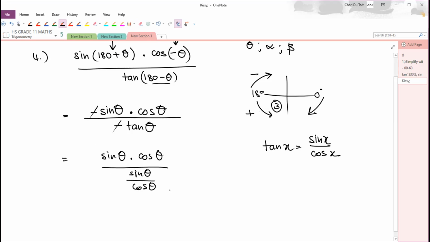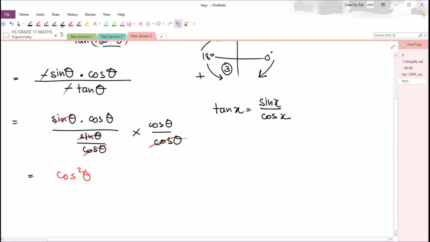You can do that calculation quickly. It's cos square theta. You can multiply with the common denominator, which is cos over cos. Then this cos and that one cancels, and that cos becomes cos square. That sin and that sin cancels. So it's cos square theta.